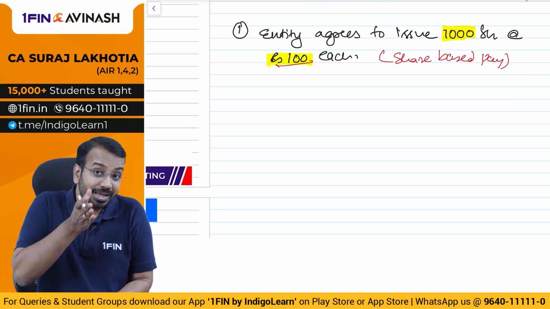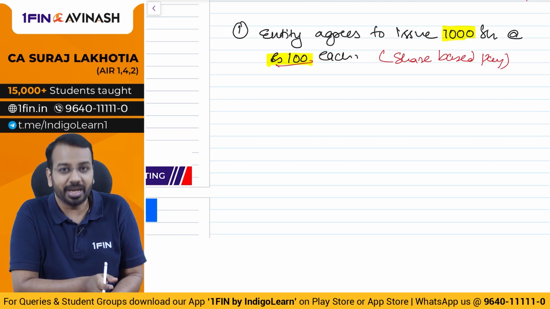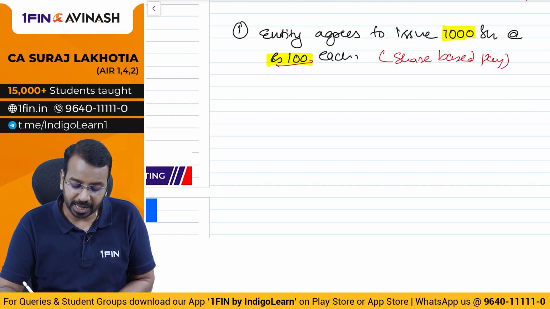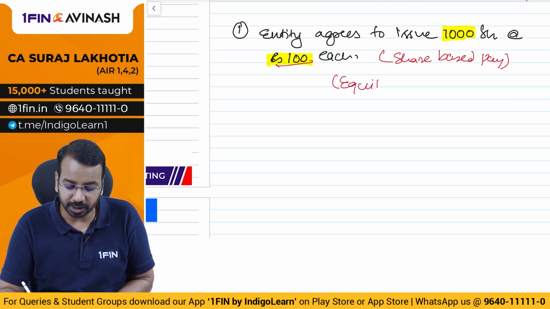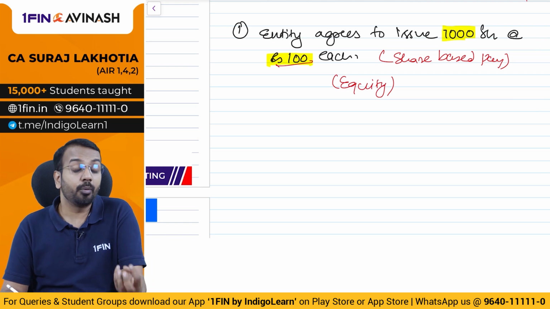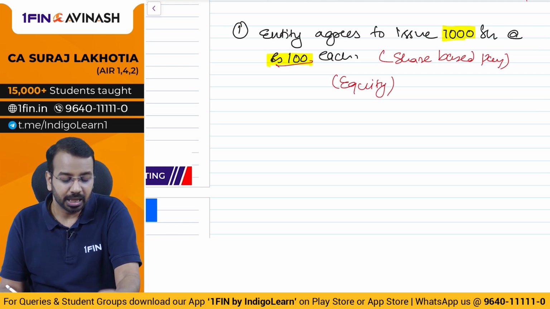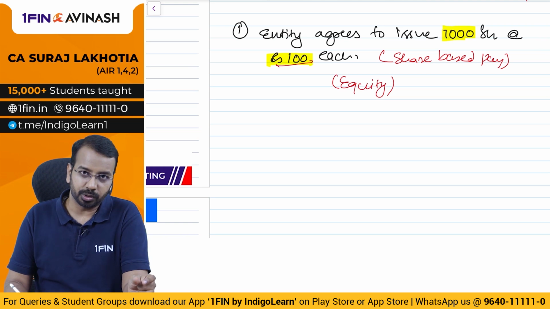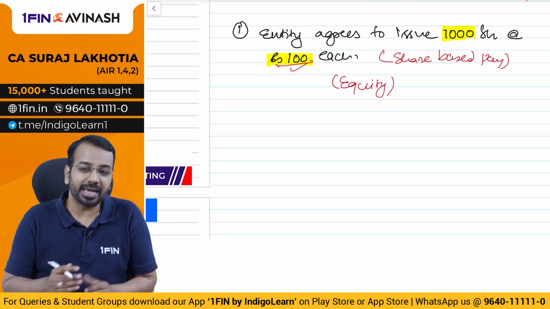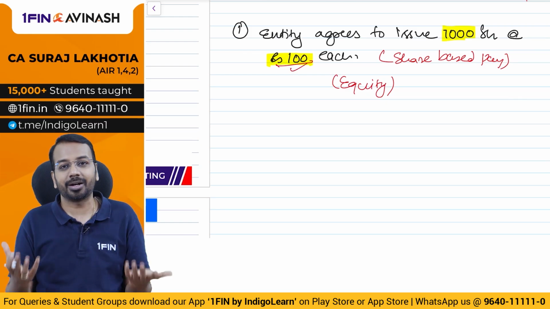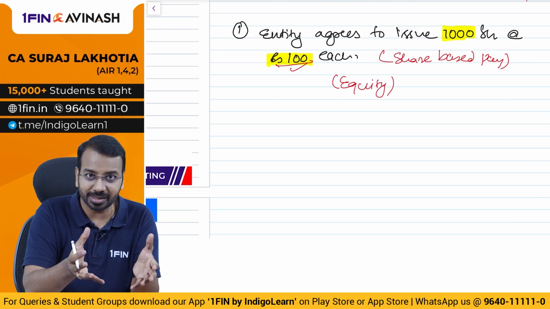So if there is a fixed to fixed exchange, then we say this is in the nature of equity, because I know how much I will get from the contributor, I know how many shares I have to issue. Subsequently the price of the share may go down, go up, it does not matter to me, the owner will bear the risk.